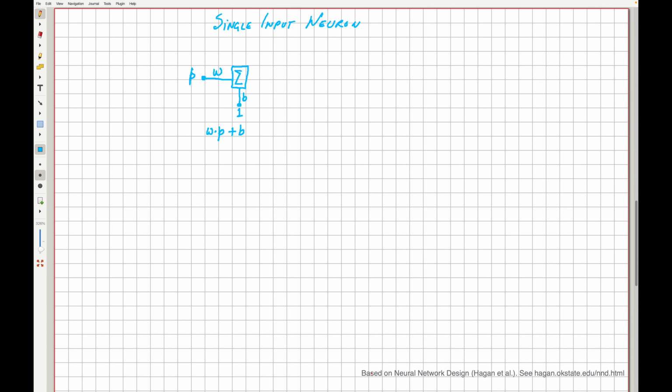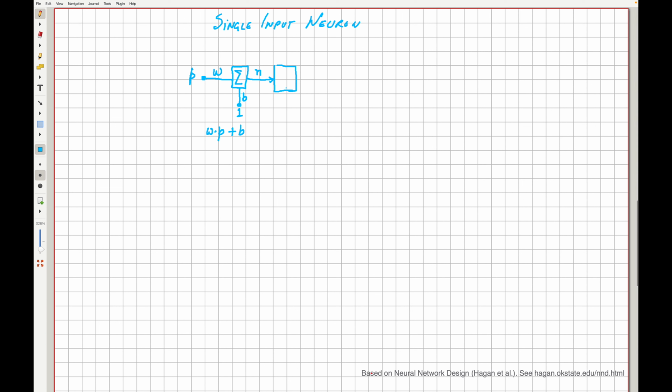Now after the summation, what we get is the value for n, and as we have seen, that is what we called the net input. And net input to what? Net input to a transfer function.